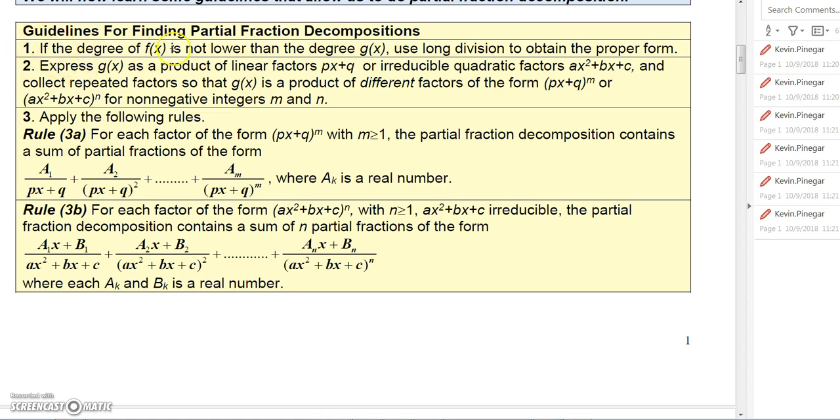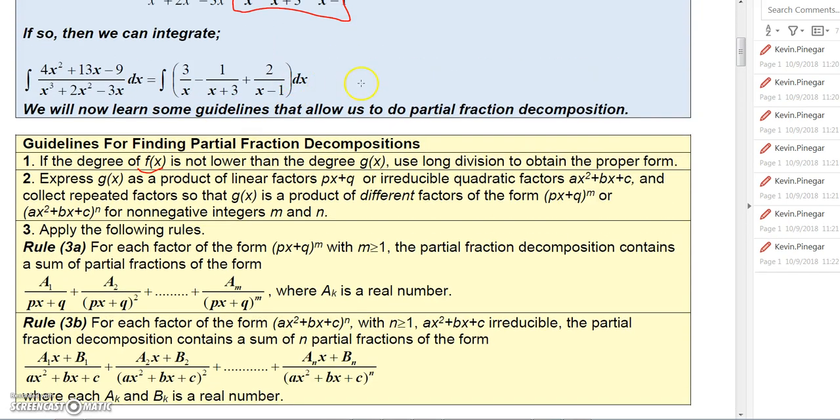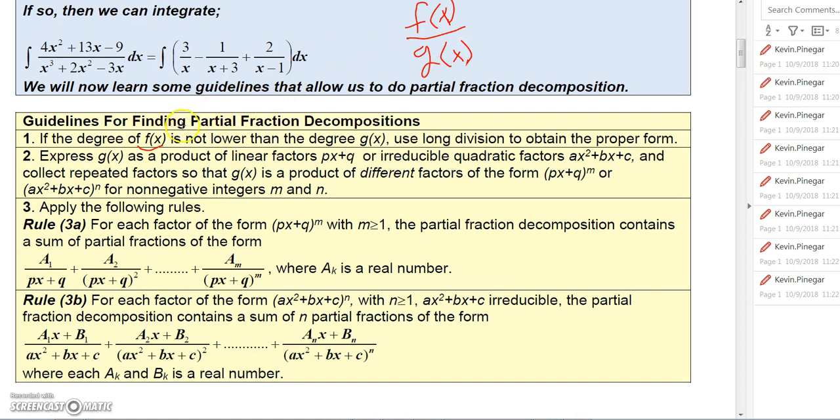First of all, if the degree of f of x is not lower than the degree of g of x, where f of x is the numerator and g of x is the denominator, then just use long division to obtain the proper form.